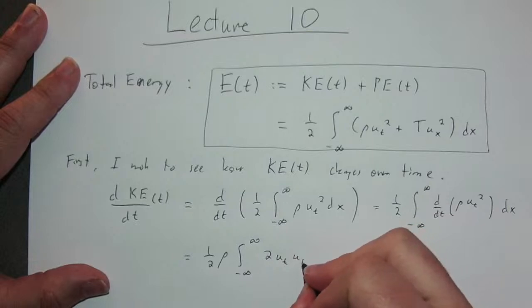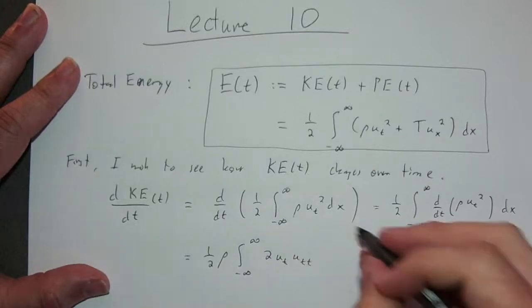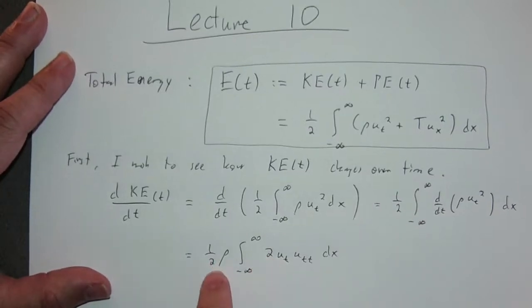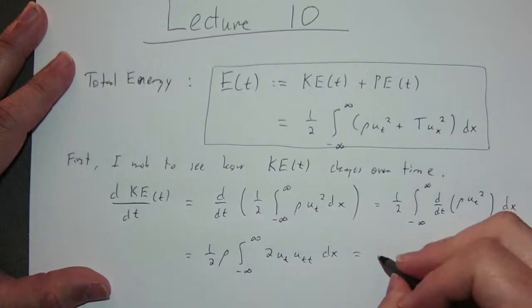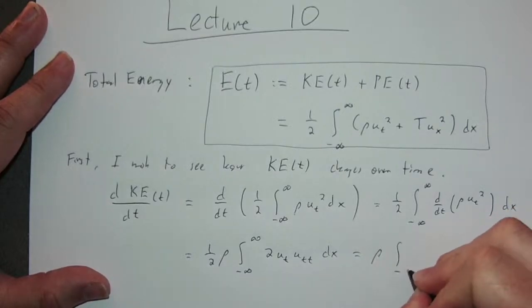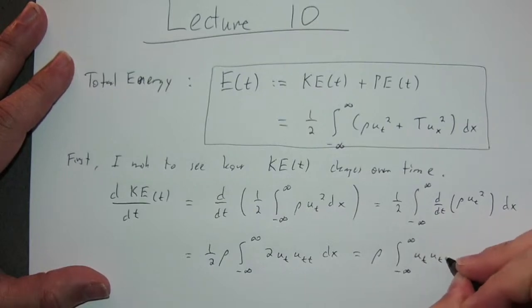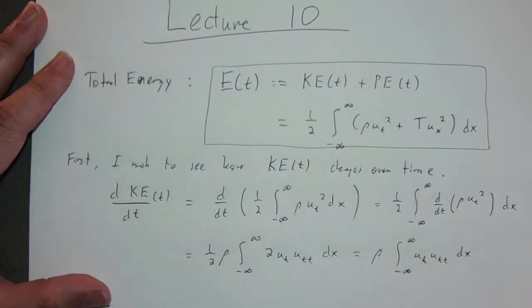So this is u sub tt dx. 2 cancels the 1/2 here, and so what I'm left with is rho times the integral from minus infinity to infinity of u sub t times u sub tt dx.